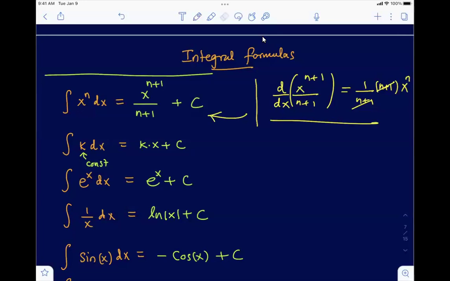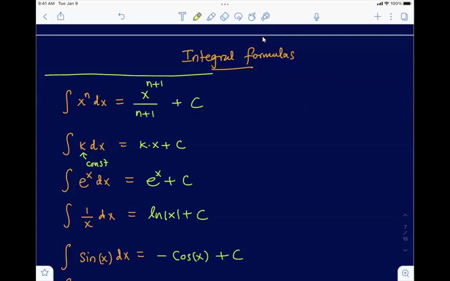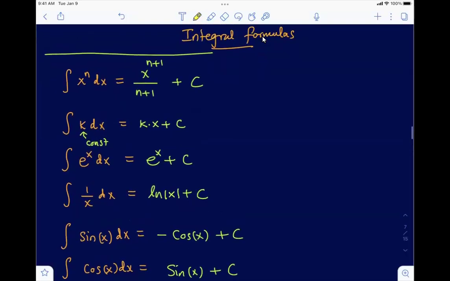So now, given that you're familiar with this formulation, or you're familiar with this integration process, now let's prepare just a bunch of formulas based on integration observation, just based on basic derivatives, the familiarity with basic derivatives.